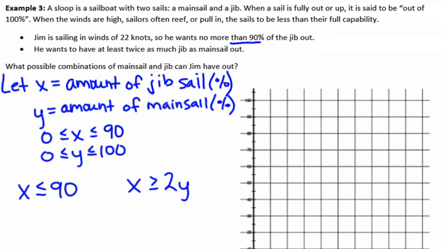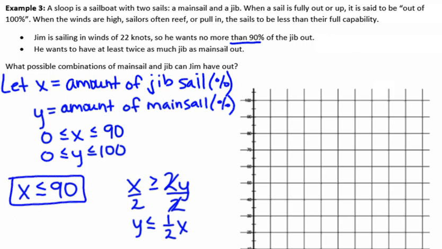So I would divide both sides by 2. y is less than or equal to 1/2 x. I didn't change my inequality, I just changed the order that I had this written out in. Otherwise I could have had 1/2 x is greater than or equal to y. But we're used to seeing our y come first, so I flipped the whole thing. y is less than or equal to 1/2 x. And those are the two inequalities that we need to graph.